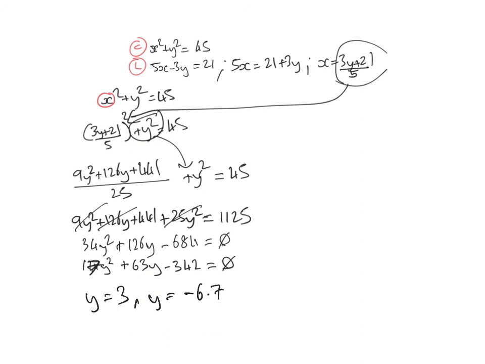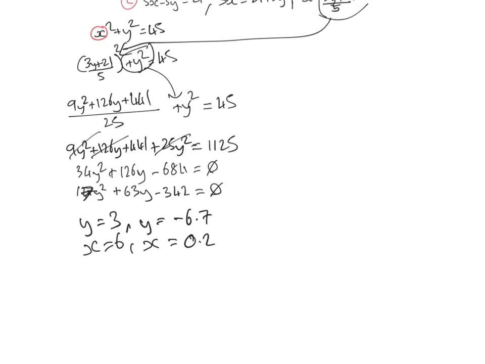We get 6. So x is 6. And for the other one, we get x equals 0.2 to 1 decimal place. So make sure you write them down as pairs: 6, 3 and 0.2, minus 6.7.